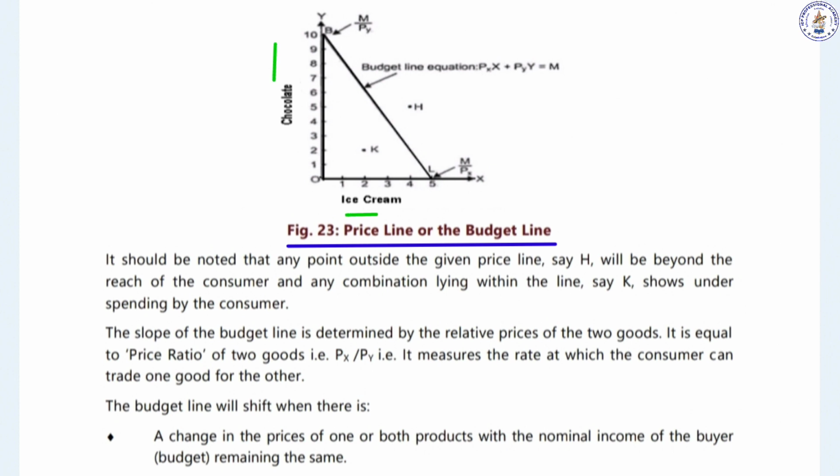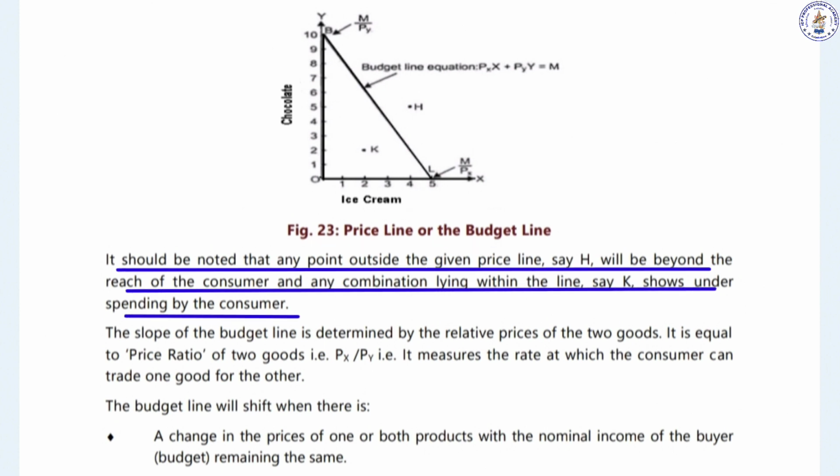You have the chocolate on the y-axis and the ice cream on the x-axis, and the points are plotted from 10 units of chocolate to 5 units of ice cream, and the budget line has been drawn to show that he can move within that combination.